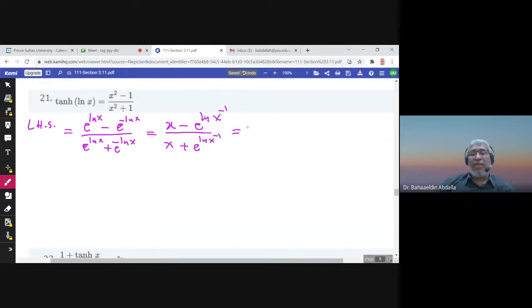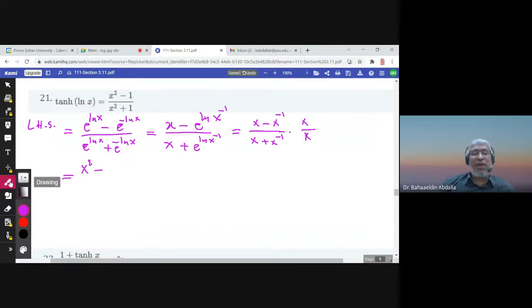And now I can cancel, and I will have x minus x to the power negative 1 over x plus x to the power negative 1. If I multiply by x over x, I will get rid of the negative power. So I'll have x squared minus x to the power negative 1 times x. I will have x to the power 0, which is 1, and x times x is x squared, and x times x to the power negative 1 is just 1, and this is actually the right-hand side.